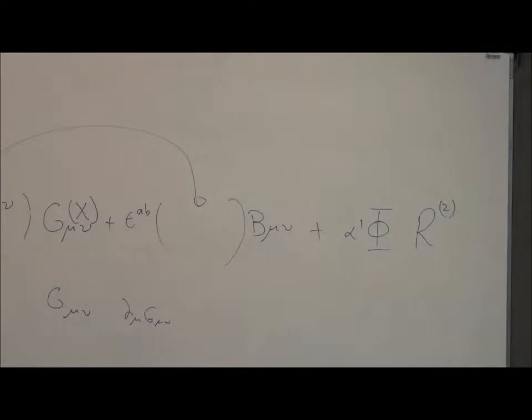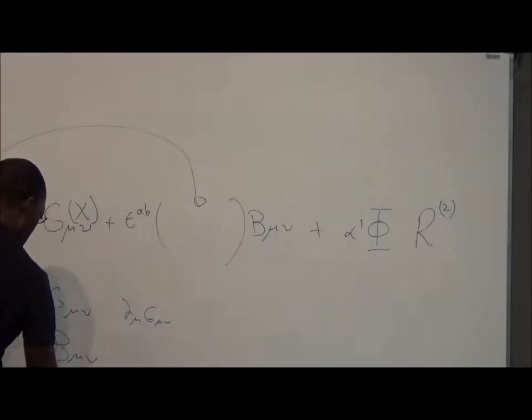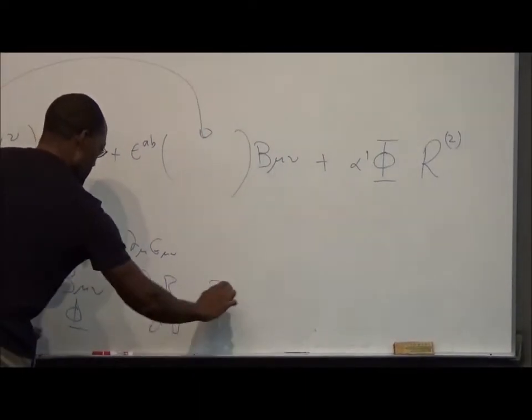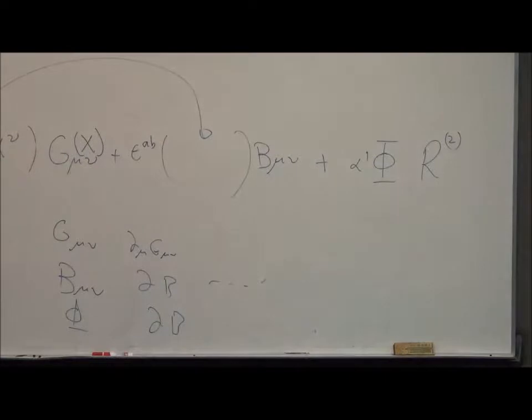And then you'll also then have things involving B and phi and derivatives of those fields as well, which I then interpret as the 10-dimensional space-time equations of motion. And then I can write down an effective action for that would give rise to those.